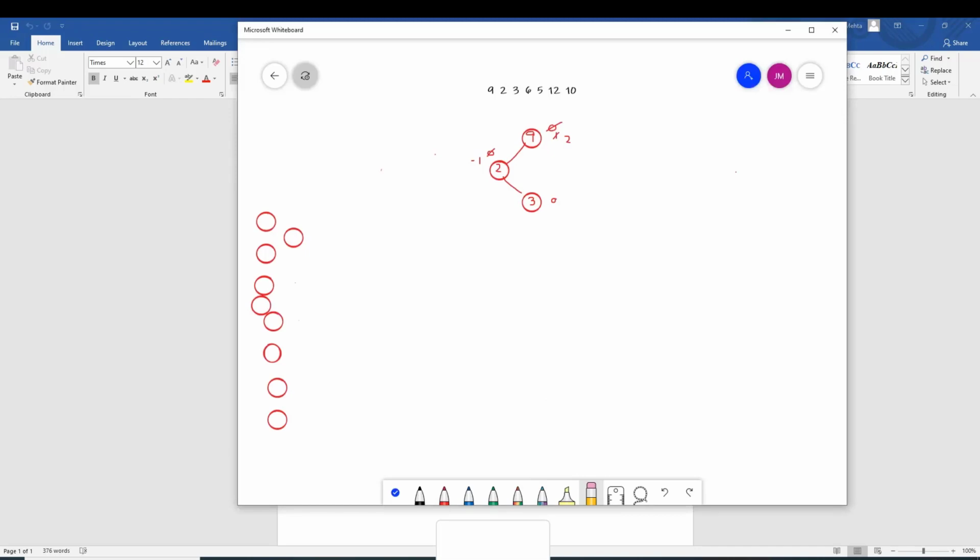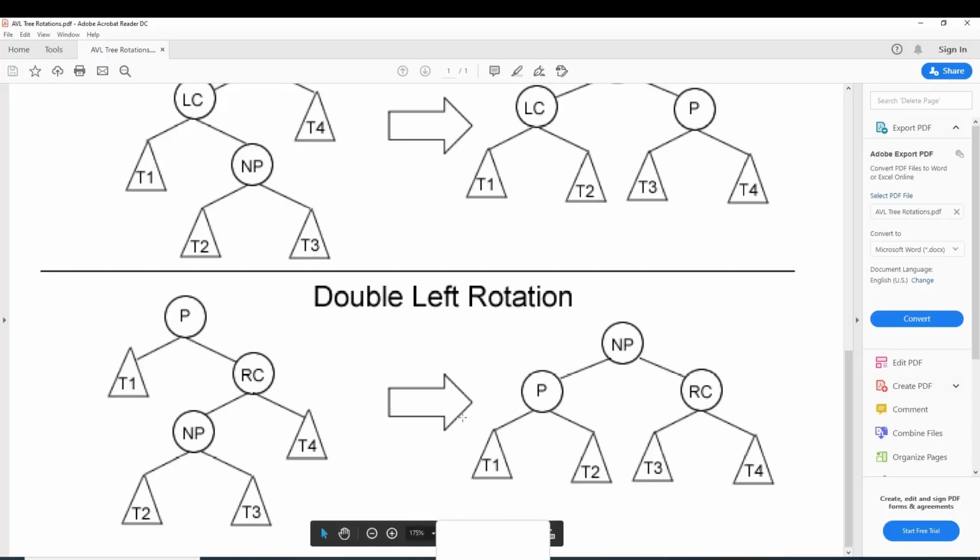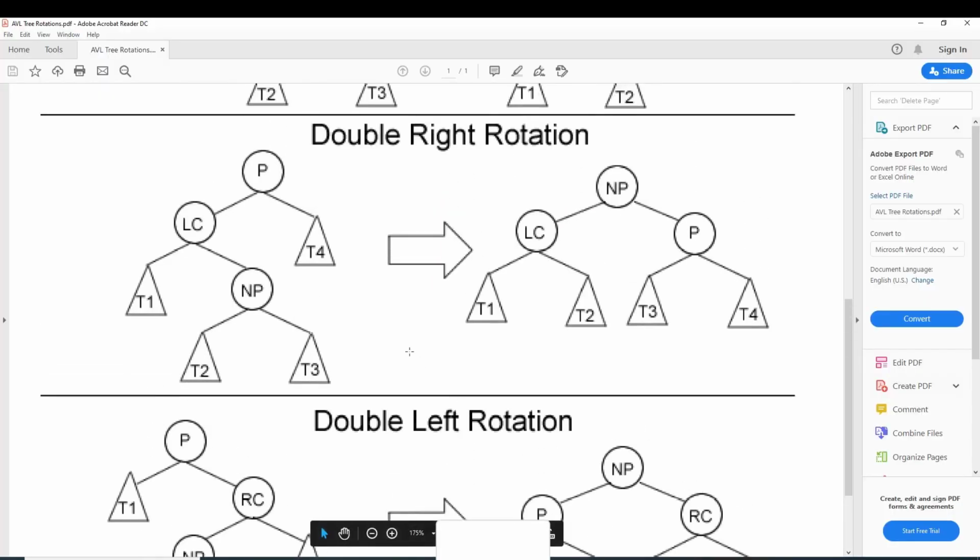Double right. I'm going to write this in here so that I remember. Okay, now go to this and look at how to do it. So I have a parent, a left child, and this NP here is a new parent. Let's just look at the nodes for a minute.